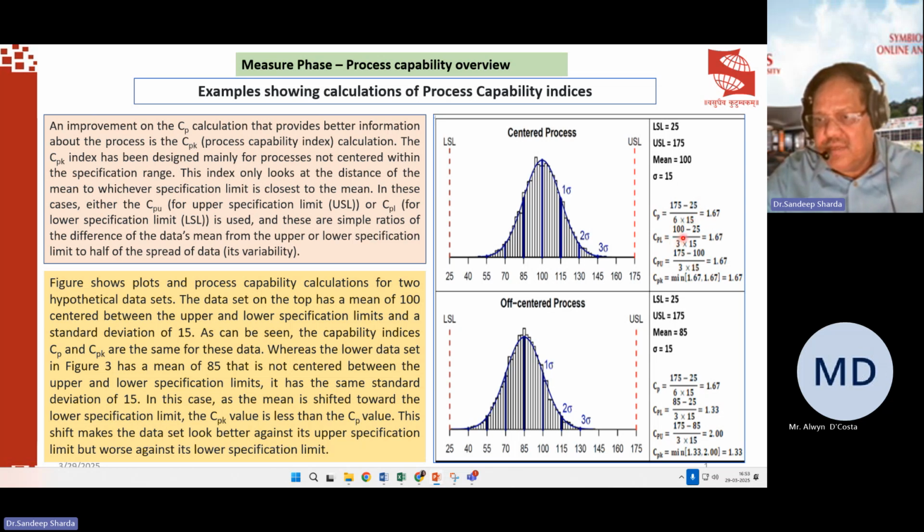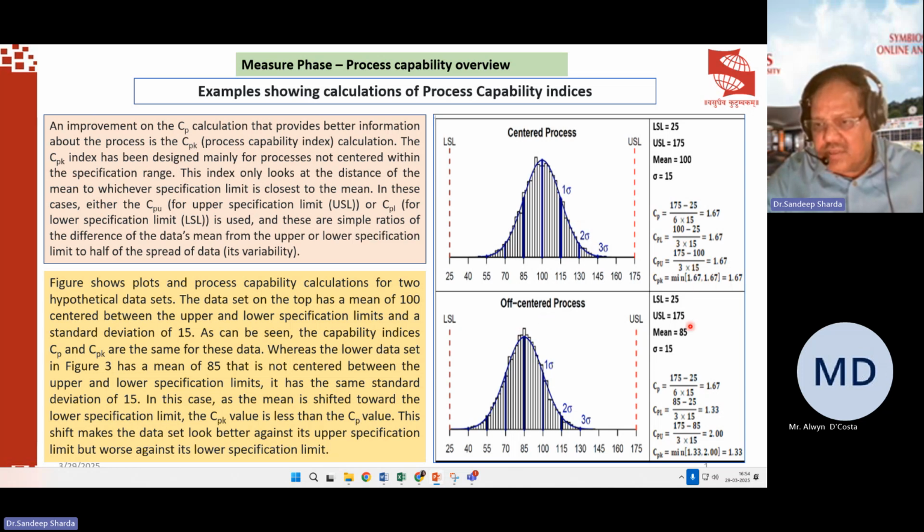Cpl will be the mean value 100 minus 25 over 3 into sigma. We are considering one side, so it is a 3. And Cpu will be 175 minus 100 over 3 into 15, 1.67. So Cpk will be the minimum of that. This normal distribution curve is very uniform, so it is coming 1.67 on both sides.